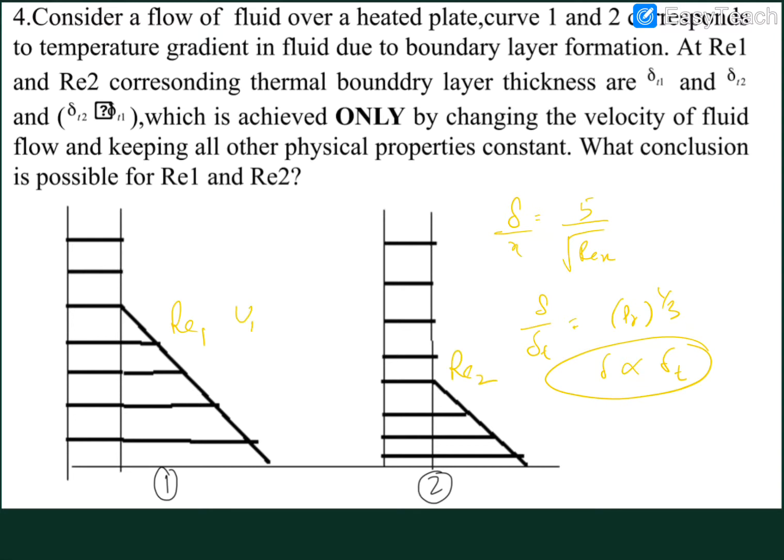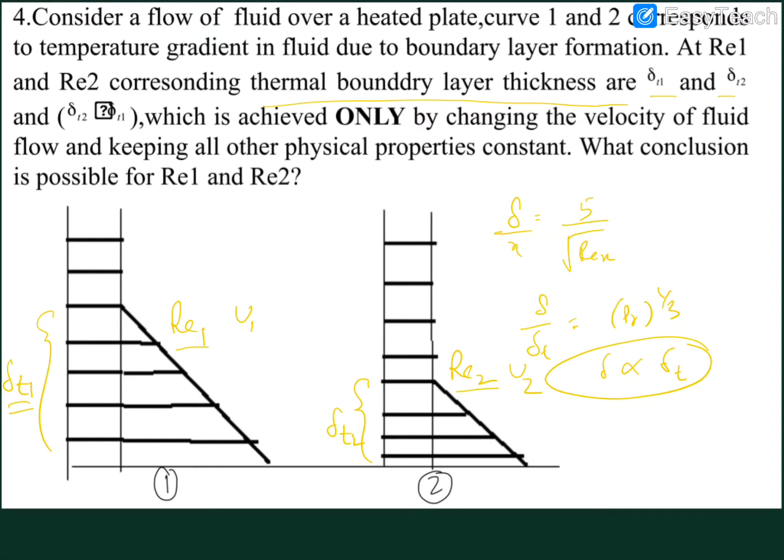That means here some velocity U1, here some velocity U2, corresponding to thermal boundary layer thickness delta T1 and delta T2.